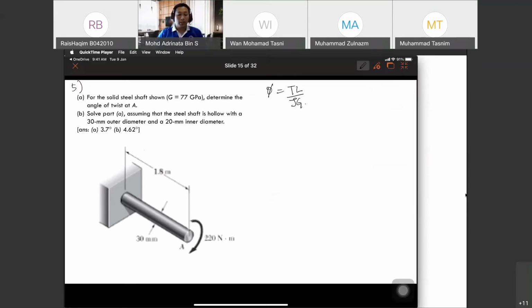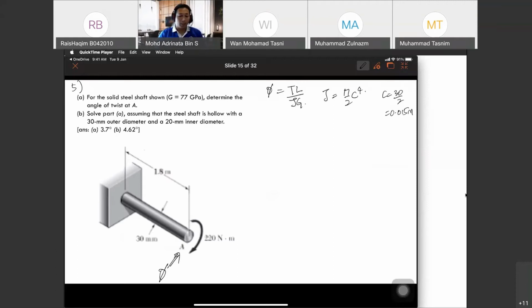Kita ada G. Determine the angle of twist at A. So kita nak cari angle of twist dekat A. Given G, given torque, given length, J is equals to pi over 2 C to the power of 4. Okay, so C is 30 divide by 2. C is equals to 0.015 meter.